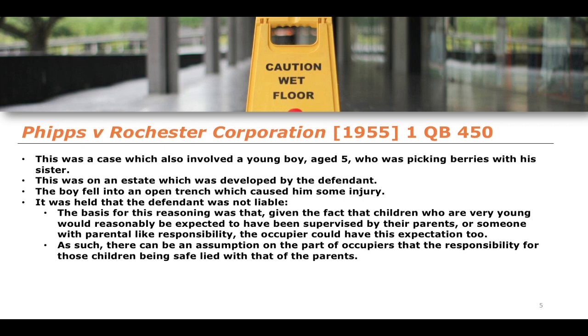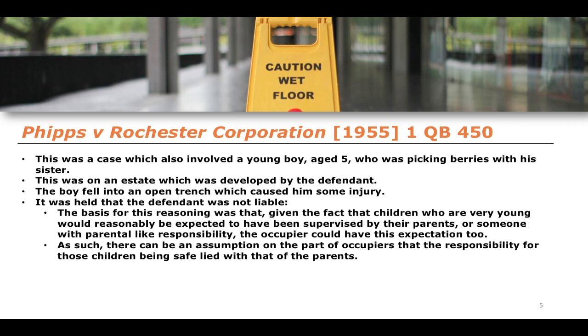So in concluding this point, essentially, what we're trying to say here, and what this case illustrates, is the view that children who are very, very young are going to be reasonably expected to have been supervised by somebody who is an adult. And when we think about a child who is aged 5, this is obviously a very reasonable expectation.